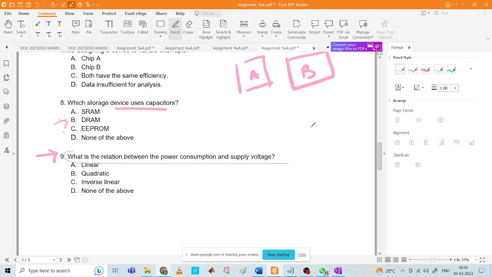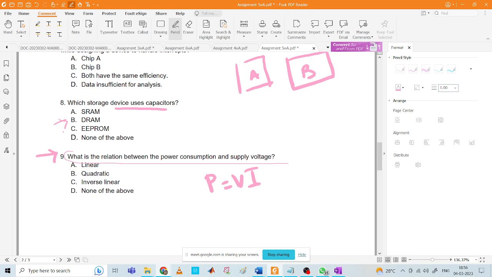Normally when we write, just hold on, we write P equals VI.